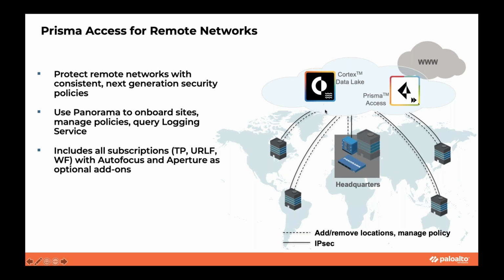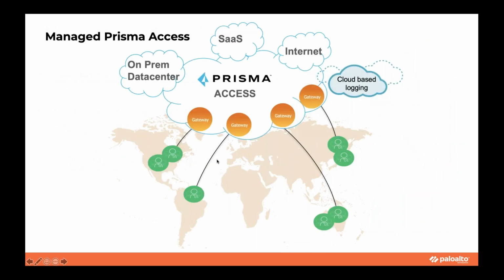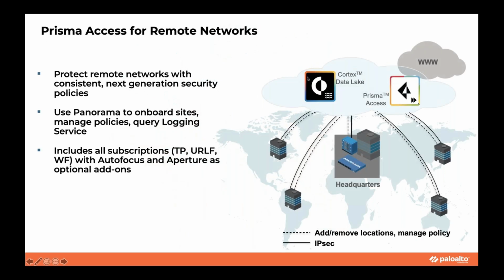So we have our Prisma Access Cloud, okay? And we have our branch offices, which set up a VPN towards the Prisma Access Cloud, okay? And they arrive on a firewall with a security policy in place. On the other hand, this is for remote networks.